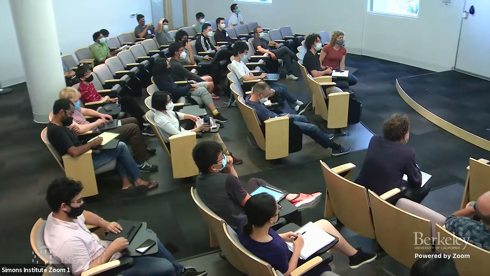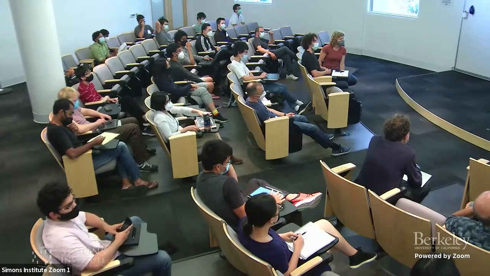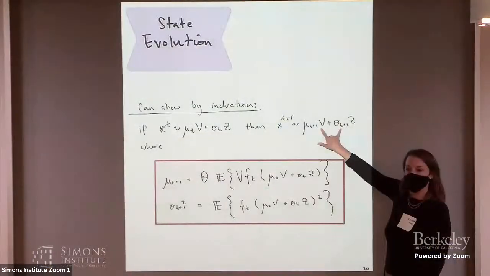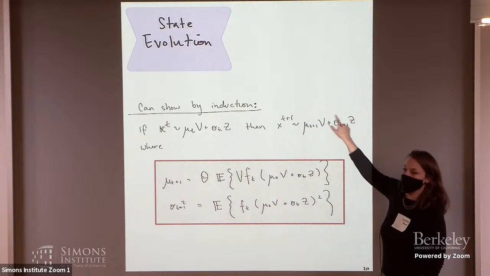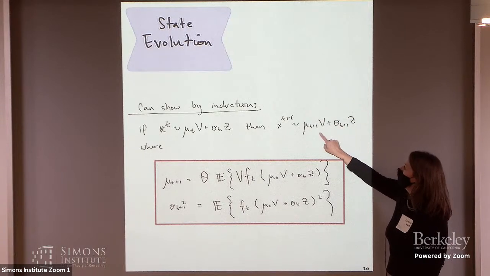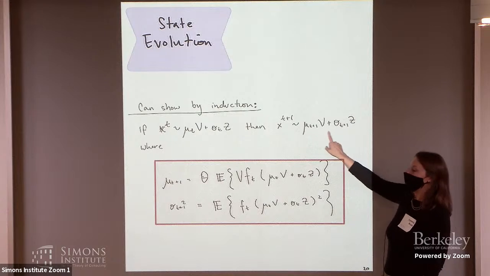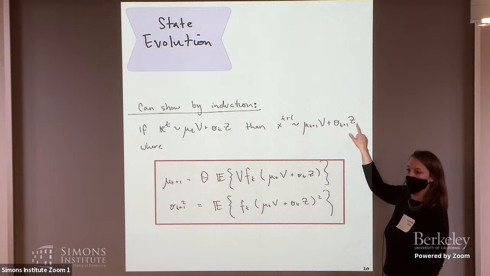I thought I'd get through more, so I didn't have a good stopping point. But essentially, you can look at something like this. If we know that my t-th iteration has this sort of distribution, what do I want? I want this to be large relative to this, so that I get mostly signal and only a little bit of noise.